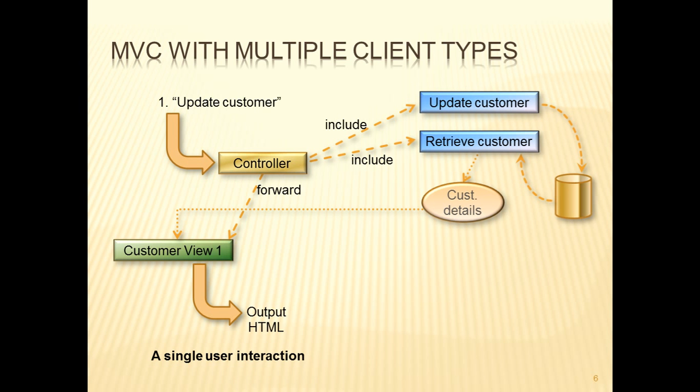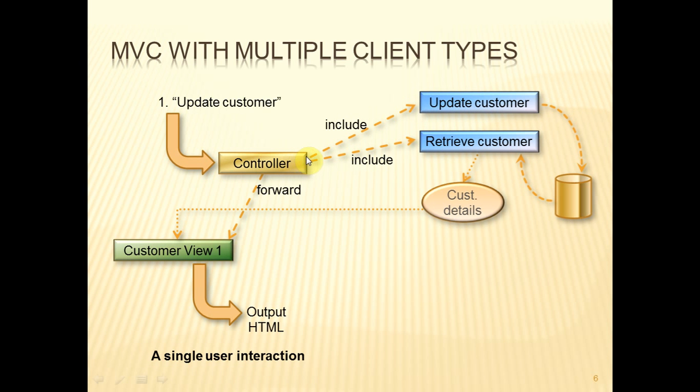In this diagram, we have got essentially what we've become used to dealing with. A request comes in from the client to the controller. The controller works out what kind of request it is and then will coordinate the response by invoking the appropriate model and view components.